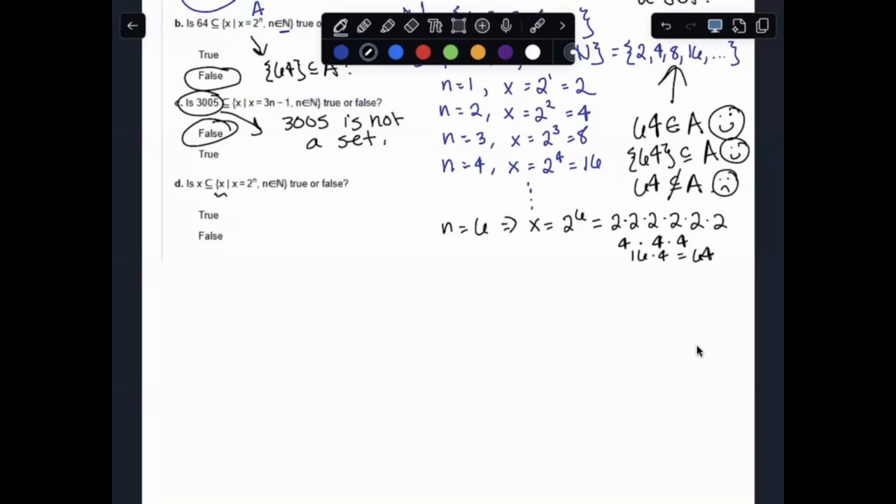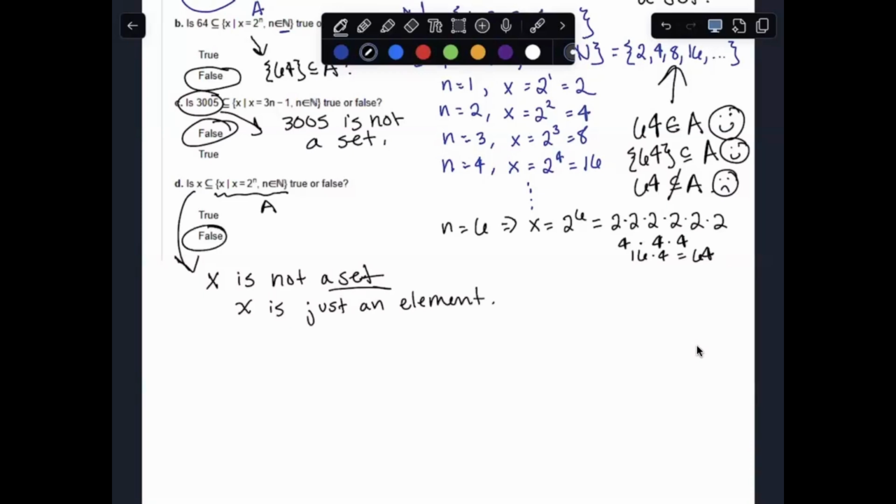And we have the same set. This is our set A from part B again. But again, X is not a set. X is just an element. So the subset relationship doesn't make sense here.